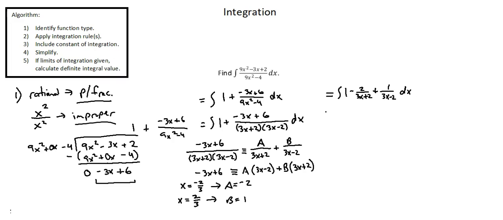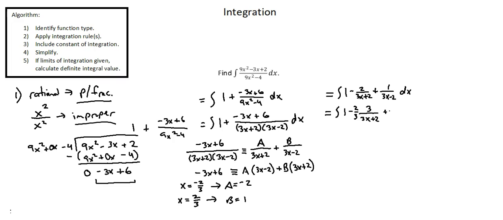Now I'm going to manipulate the second and the third term so that I can integrate two log terms. 1 minus. In the second term, the denominator 3x plus 2 has a derivative of 3. So I want a manipulation that puts a 3 in the numerator. To get to 3 over 3x plus 2, we multiply by 2 over 3.